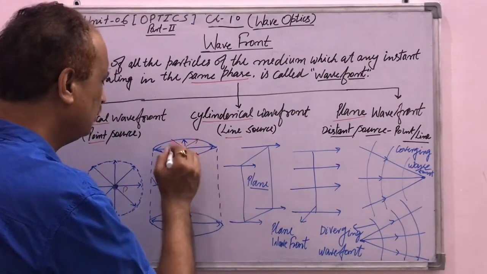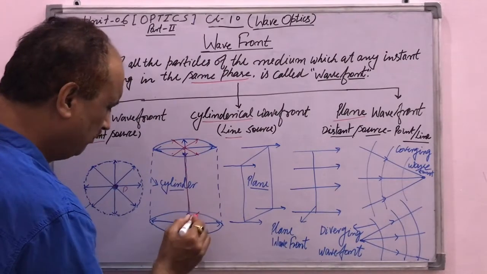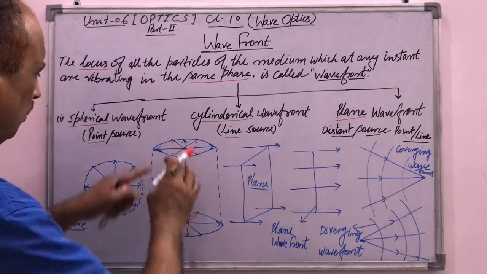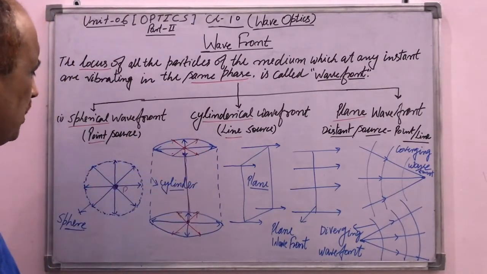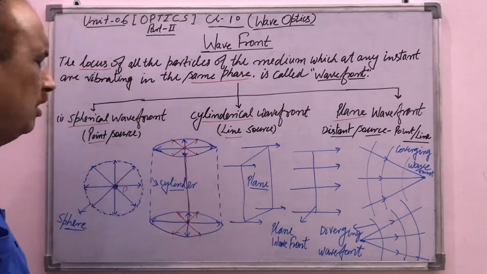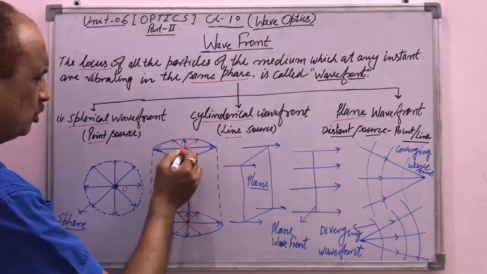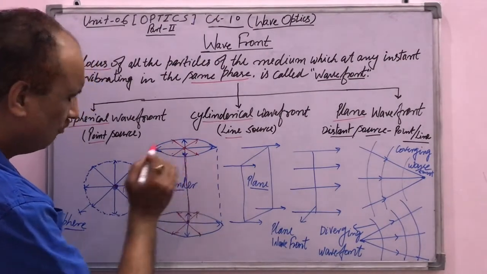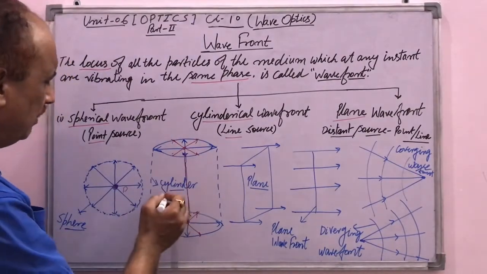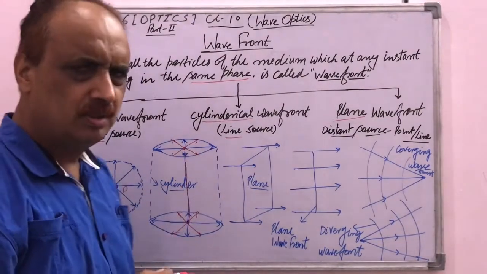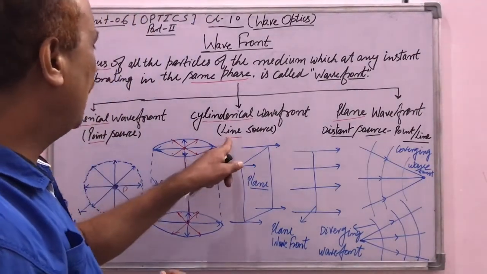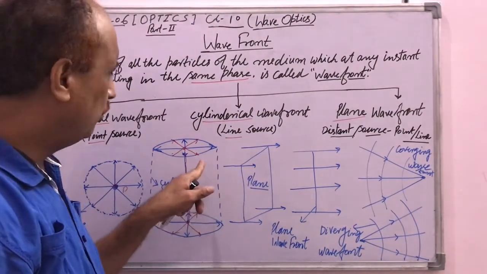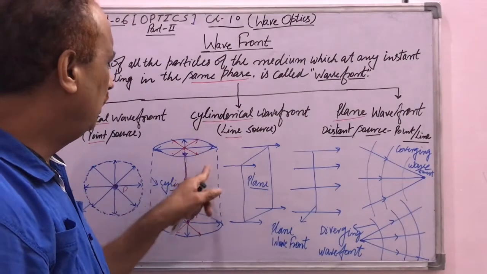When we draw the surface which is passing through all the particles which are in the same phase, the diagram will be a cylindrical body, because suppose one particle, next is the lower particle, many particles are there on this line, and when we draw the surface, we will obtain a cylindrical shape. It means when the source is a line source, the wavefront will be a cylindrical wavefront. So cylindrical wavefront is originated by the line source.